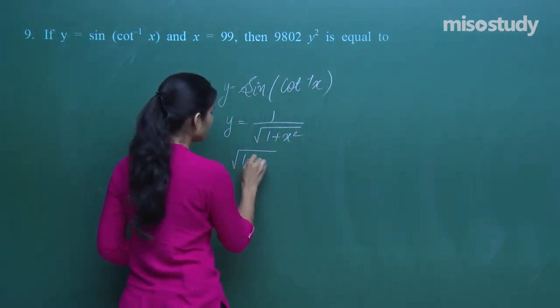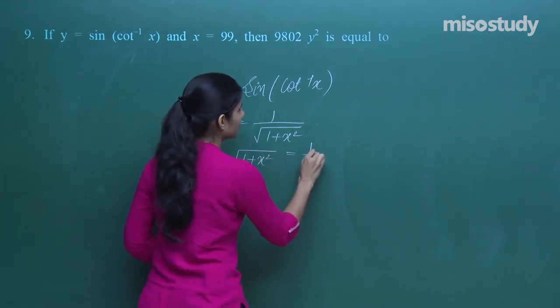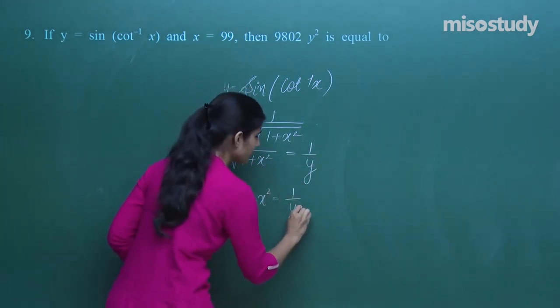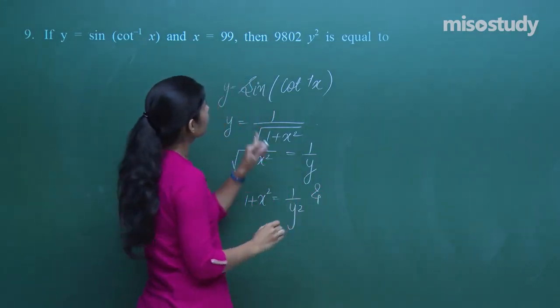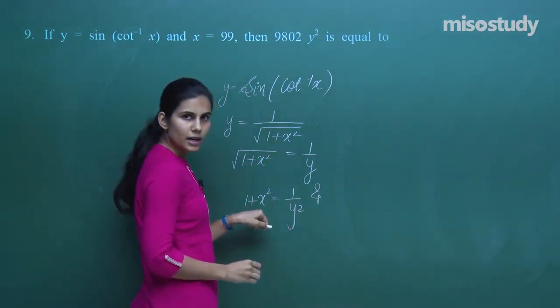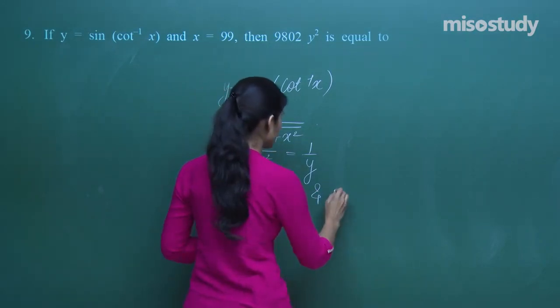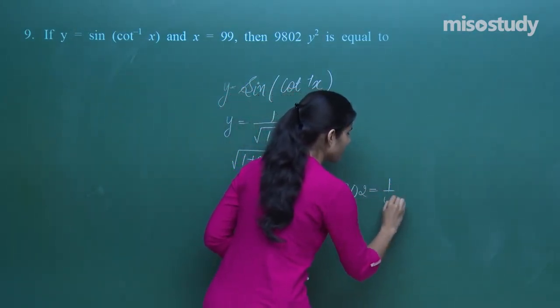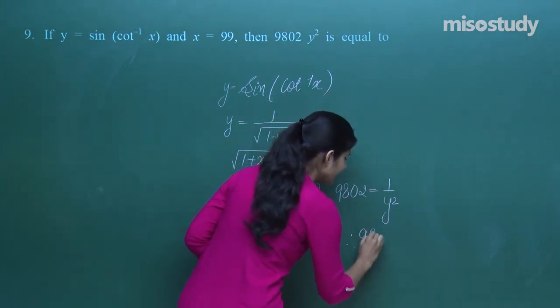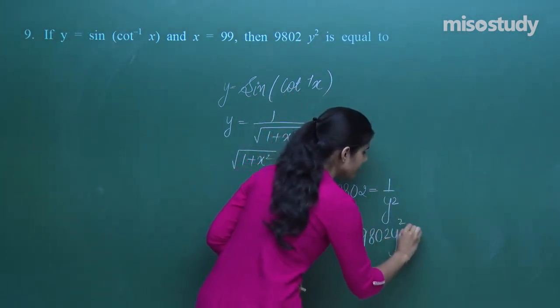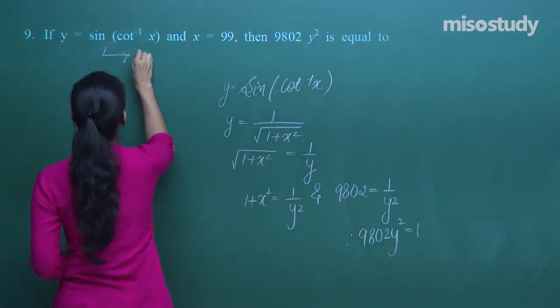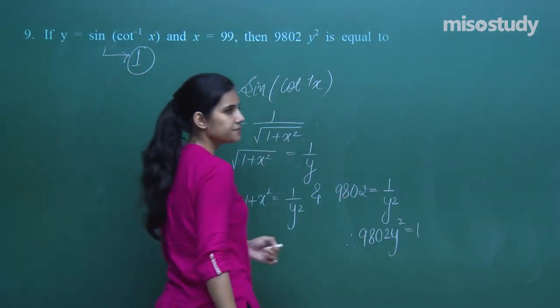So root over 1 plus x square is 1 by y. Therefore, 1 plus x square is 1 by y square. If x is given as 99, then 1 plus 99 whole square is 9802 equals 1 by y square. Therefore, 9802y square is 1. So, the integer which follows this is 1.